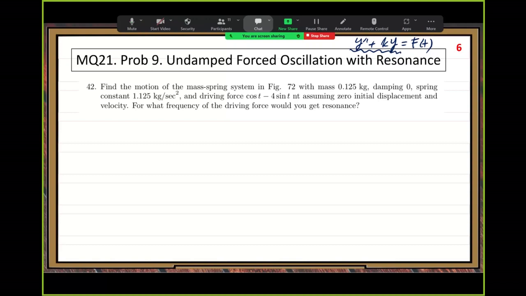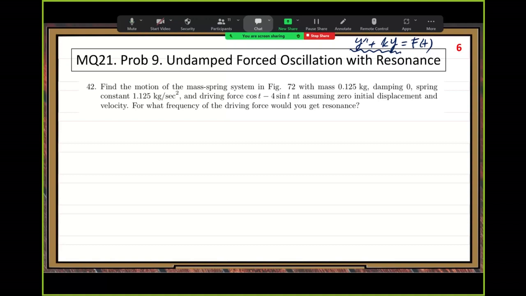My double prime, right? I do some division, since we have m originally, simplified here. Here you just look at the structure, not necessarily the exact mass spring system.